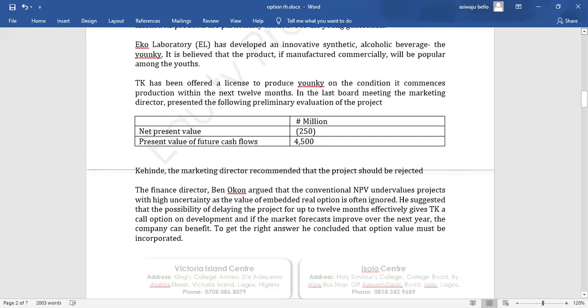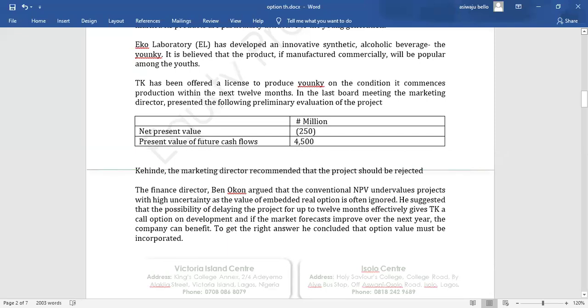So if we are to comment on the marketing director's view, we are going to start by saying the marketing director is very correct. The project should be rejected. A project with negative net present value should be rejected because the negative net present value will reduce the wealth of the shareholders.